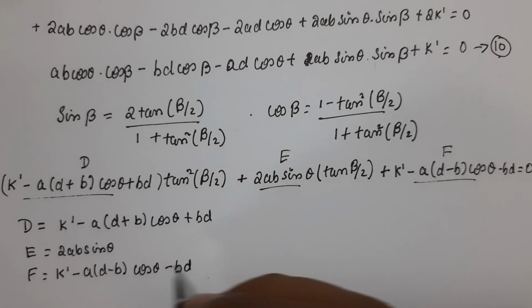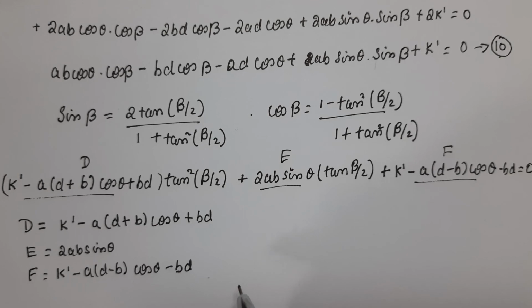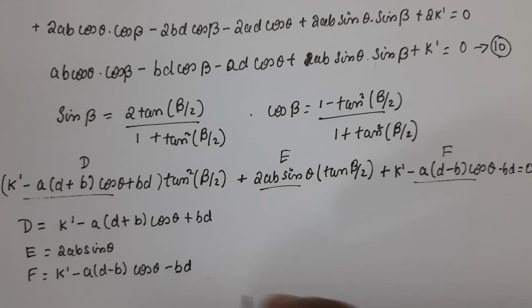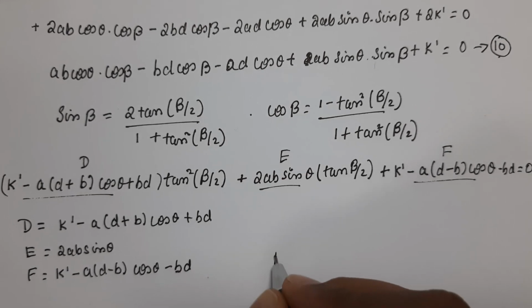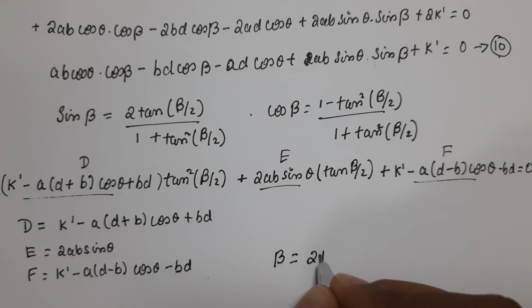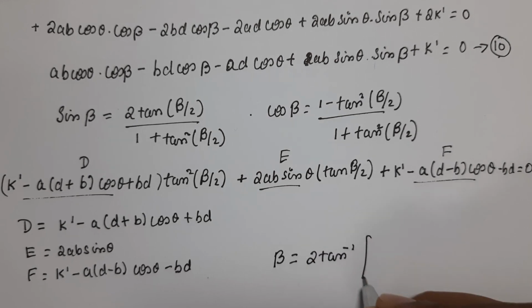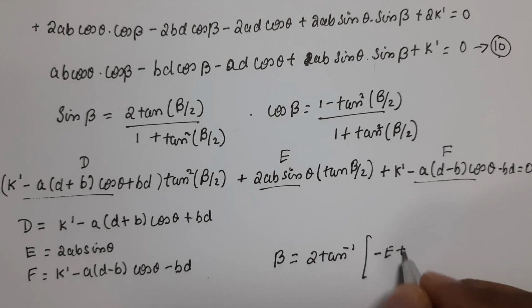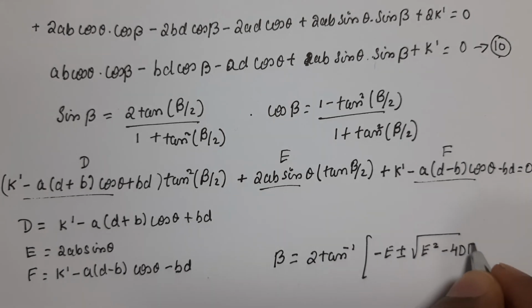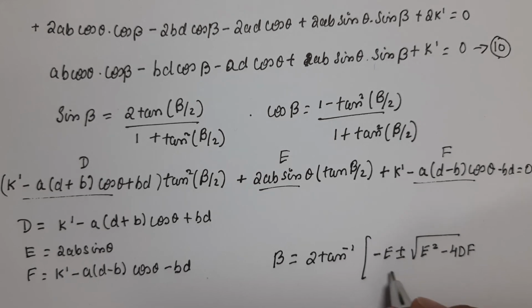Okay, so from this equation, the position of the coupling rod with relation to the output link can be written as beta is equal to 2 tan inverse of (minus e plus or minus root of e square minus 4df) divided by 2d.